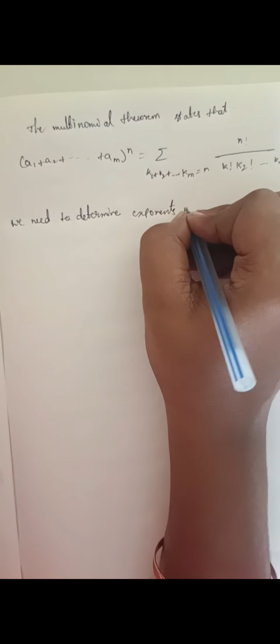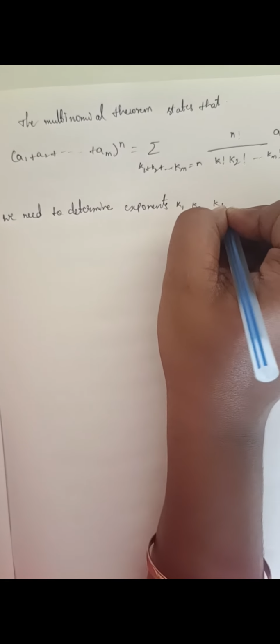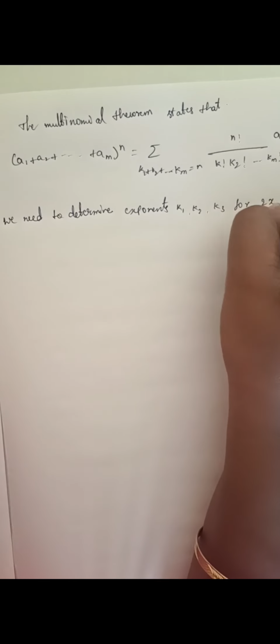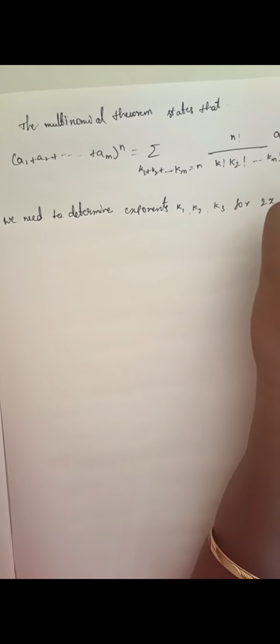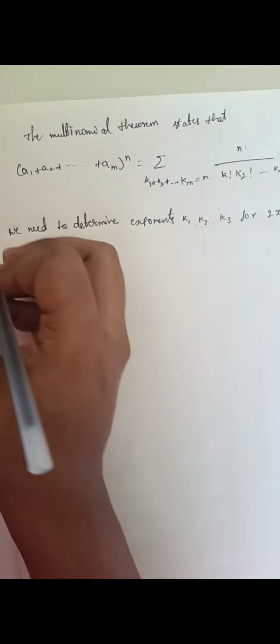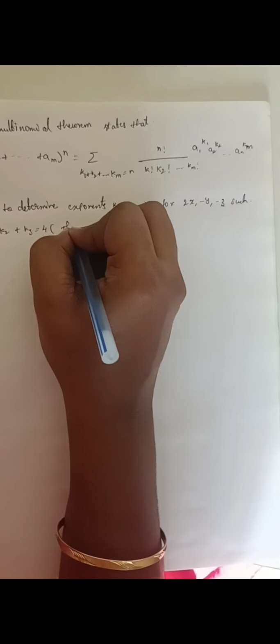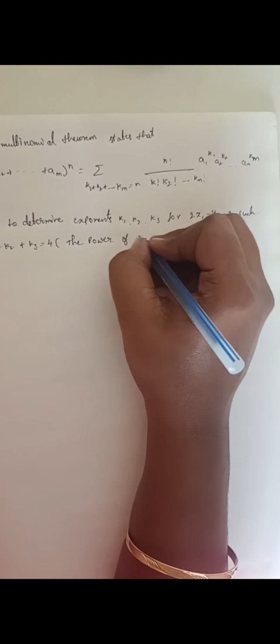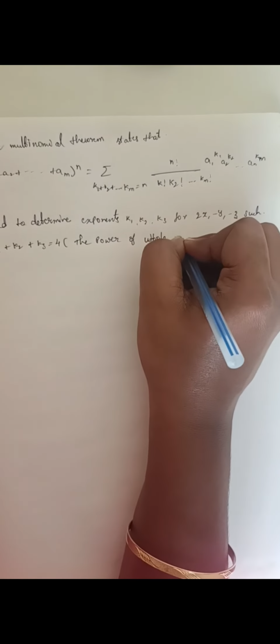We need to determine the exponents k1, k2, k3 for 2x, minus y, minus z such that, first, k1 plus k2 plus k3 equals 4, the power of the whole expansion.